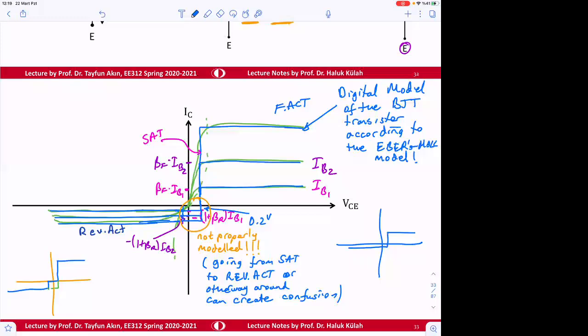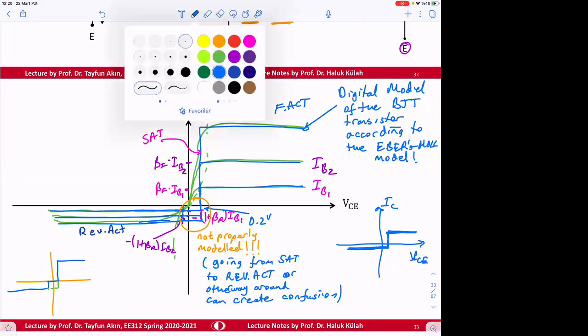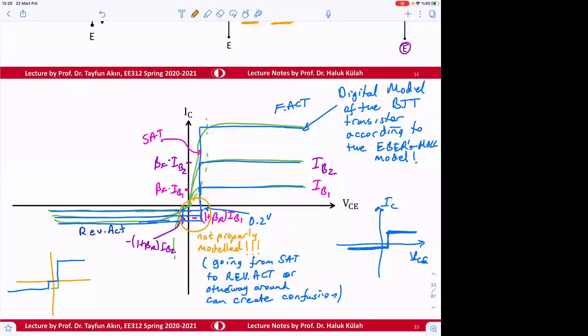And then my collector emitter, this will be the case here. Okay. Is that clear? And then this region is going to be not very clear.